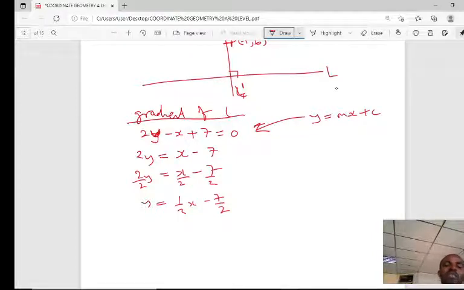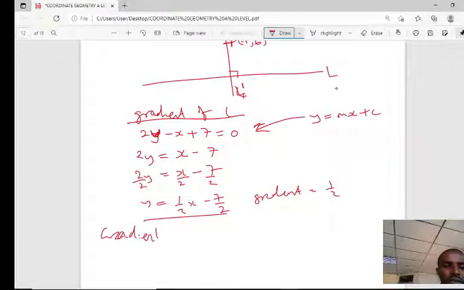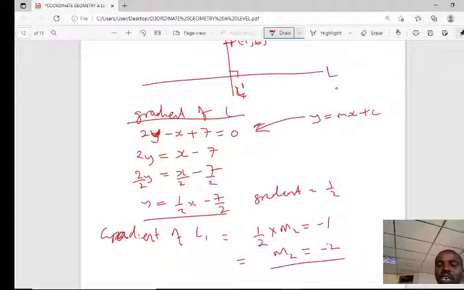What about the gradient of L1? Half times the gradient of L1 is equal to minus 1, so the gradient will be minus 2.